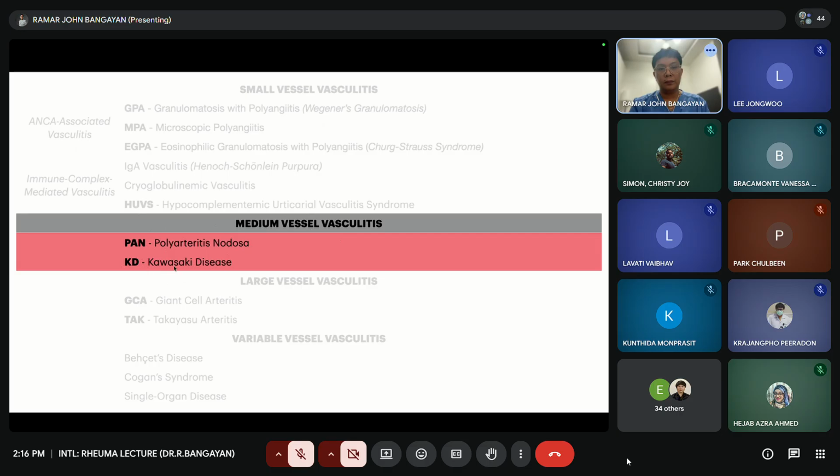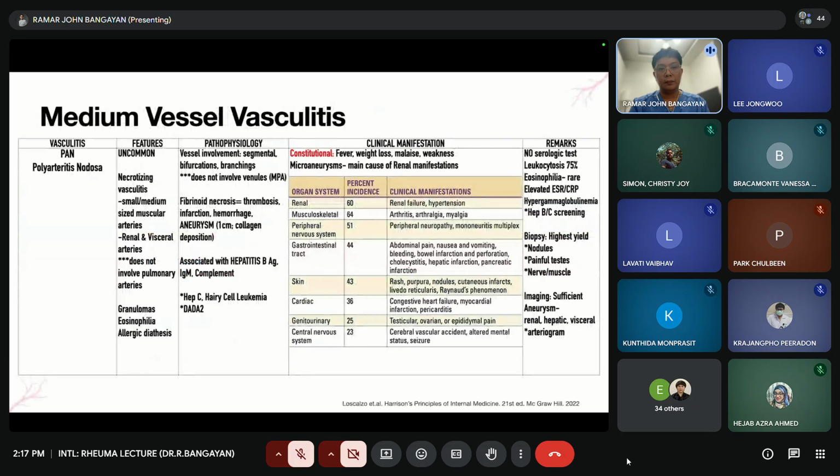It rarely occurs in the adult. Once an adult presents with KD, it's already a complication. So they were affected with Kawasaki disease in their younger years and then just have the adverse complications once they reach adulthood. Okay? So let's focus on polyarteritis nodosa.